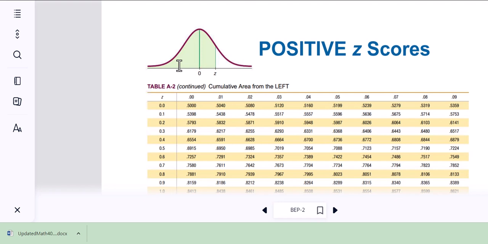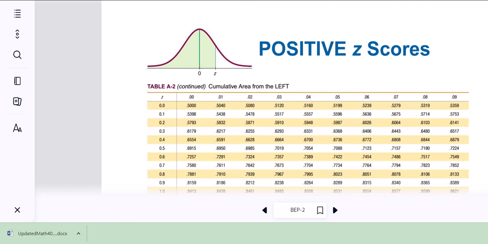If you're Googling z-tables online, pay attention to this graph because sometimes there are some that will give you the area to the right instead of the left, but there will always be a graph like this indicating the shading, which area, which probability it is giving you.